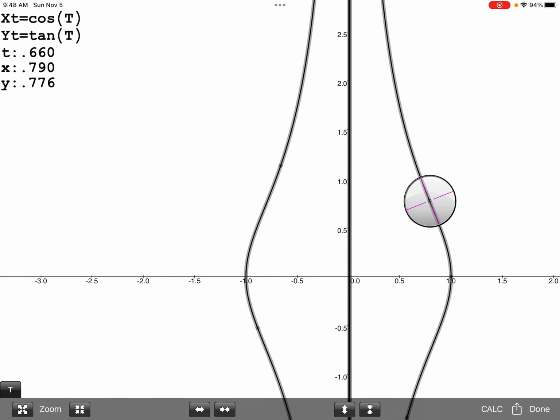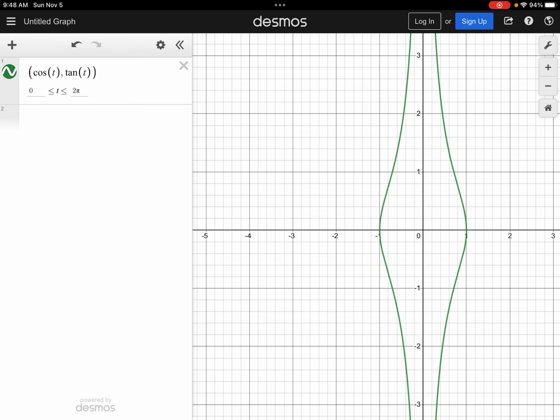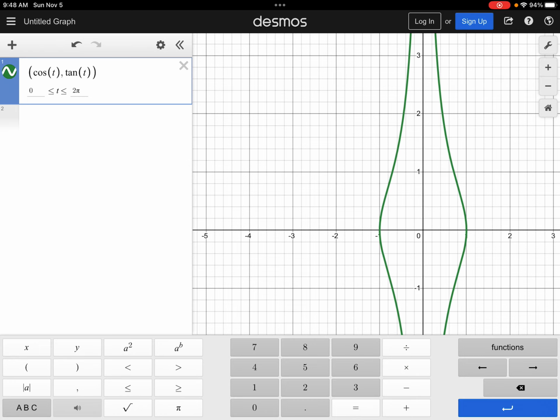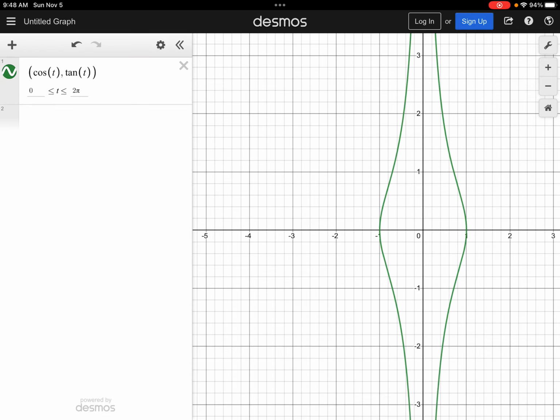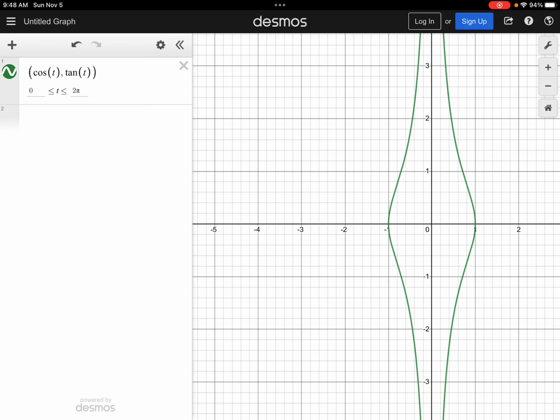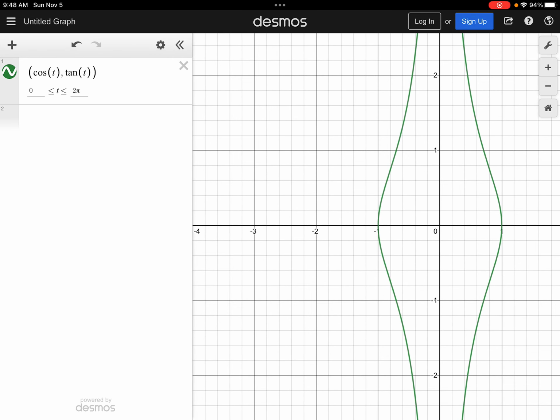Or you could go over to something like Desmos, and then you do have to type it as an ordered pair. So the x component was cosine and the y component was tangent, and I had to go from 0 to 2 pi. And then they don't have that random line in the middle. Okay, so one thing was to graph it.